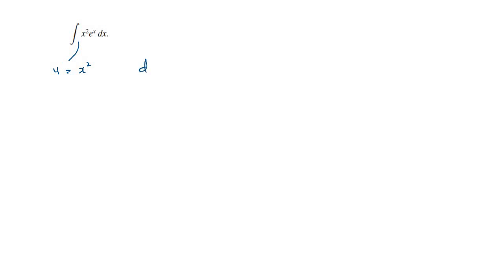So we have dv equals e to the power x dx. That's the part we use as dv. Remember the equation we have to use: the integral of u dv equals uv minus the integral of v du. That's the equation we are going to use.